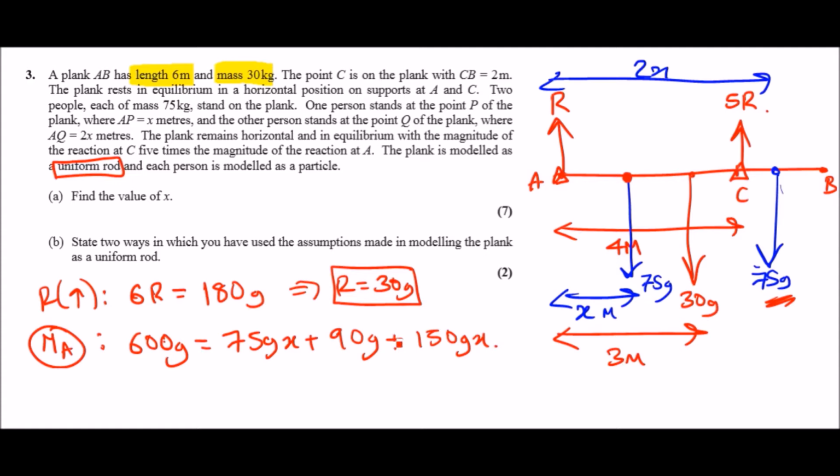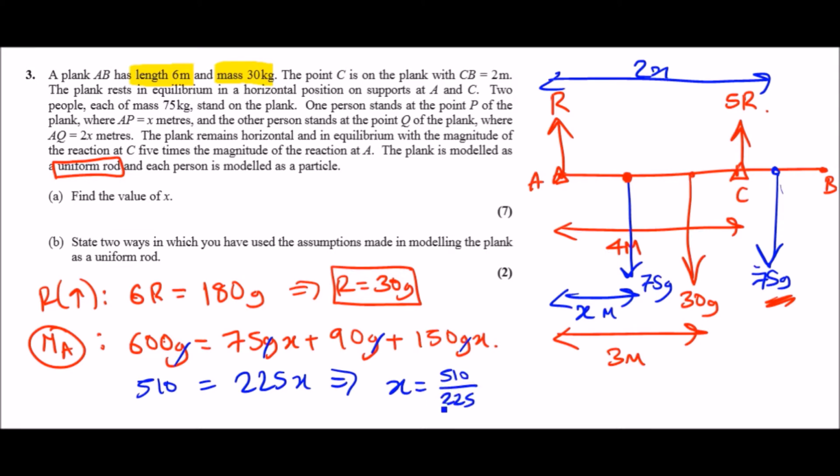Now you just tidy up and solve for X. You can cancel the G's as well, so every single G can vanish. Subtracting 90, you get 510. Collecting like terms, 75x and 150x gives you 225x. Finally, x must equal 510 over 225.